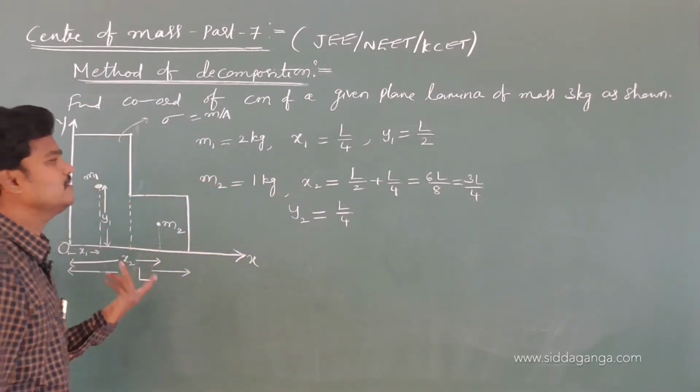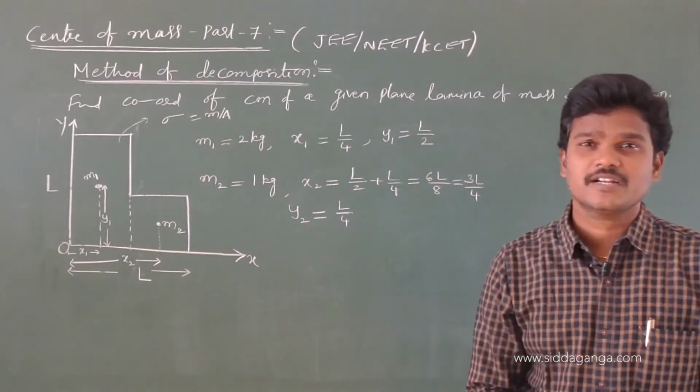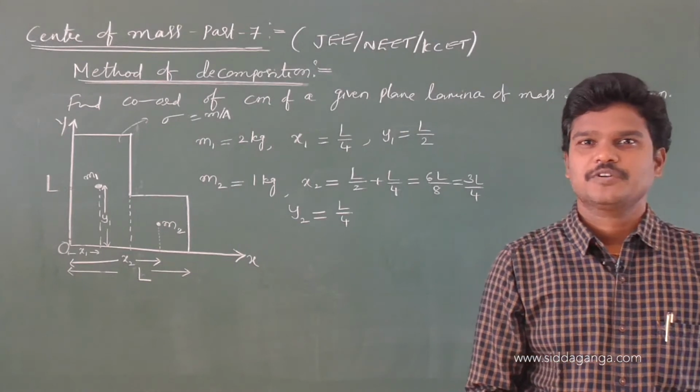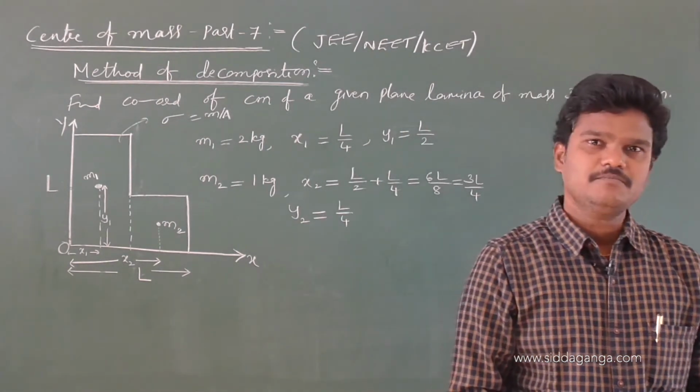Got x1 y1, got x2 y2 and m1 m2. Then what is our target? xcm ycm. Okay, if they ask for the position vector, xcm i cap plus ycm j cap.